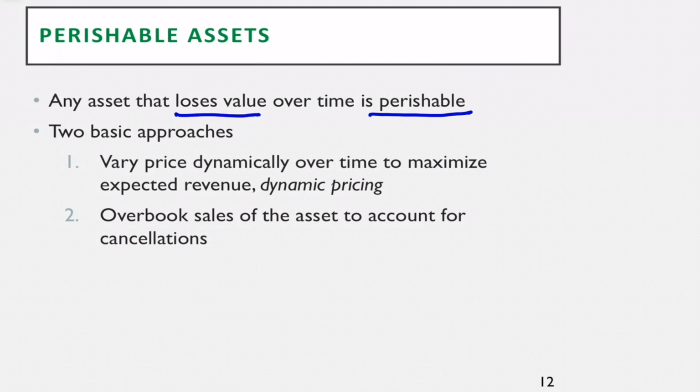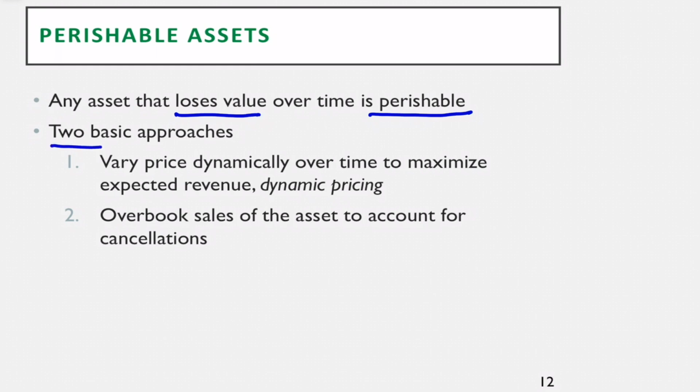Similarly, fashion garments also lose value over time. Similarly, if you look at unused capacity from the past, that has no value. So if there are 2 empty seats in an aircraft today, those 2 empty seats cannot be used tomorrow. So we can treat unused capacity also as something similar to perishable capacity.